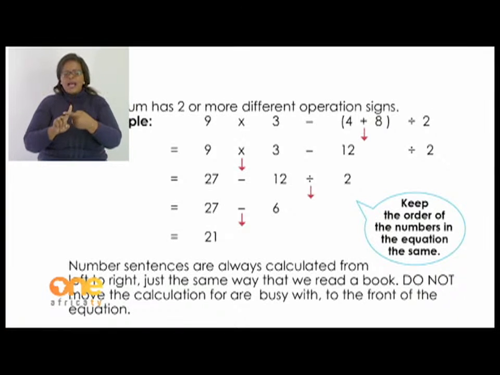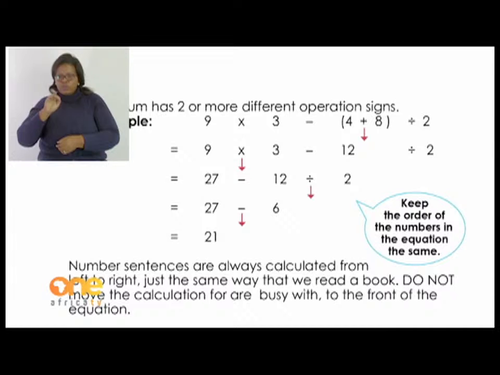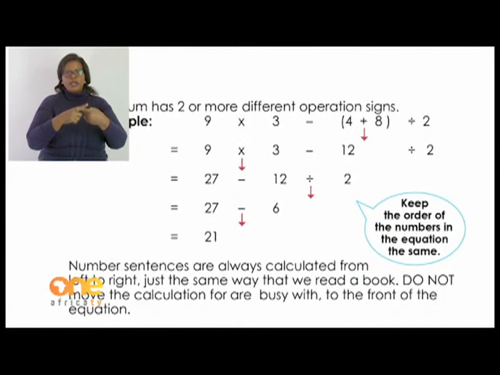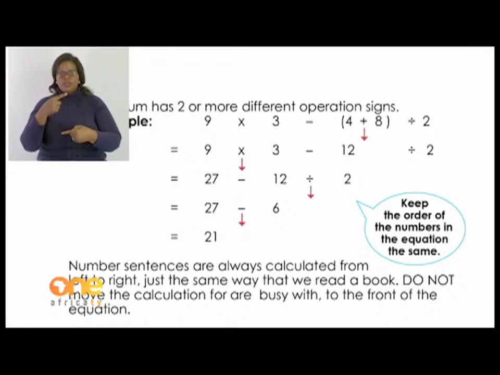So 4 plus 8 equals 12. So the next step, we rewrite all the operations until we get to the brackets. So the next step will be 9 times 3 minus, and the answer to the operation in brackets is 12 divided by 2.